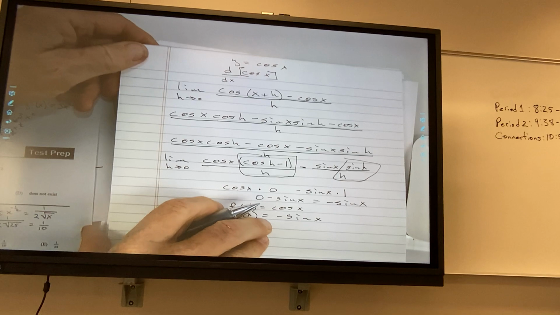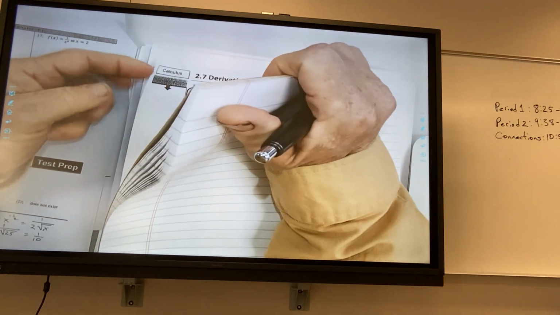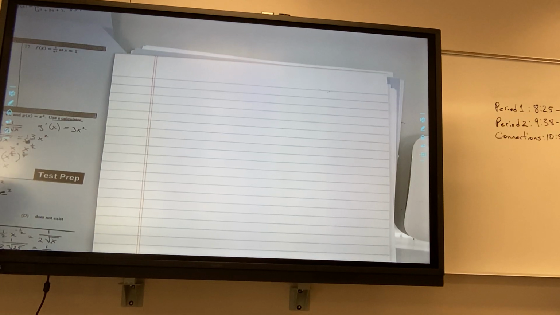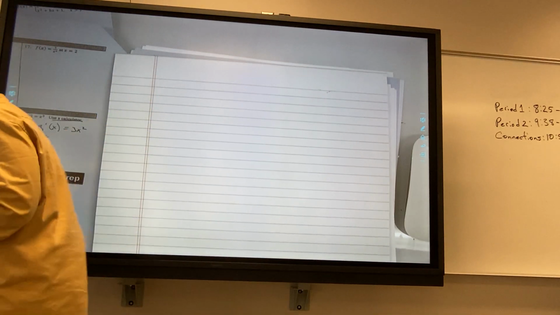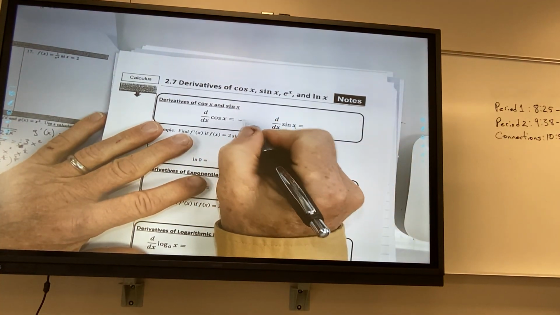Let me get you some notes. First part of the notes: derivative of cosine, negative sine.